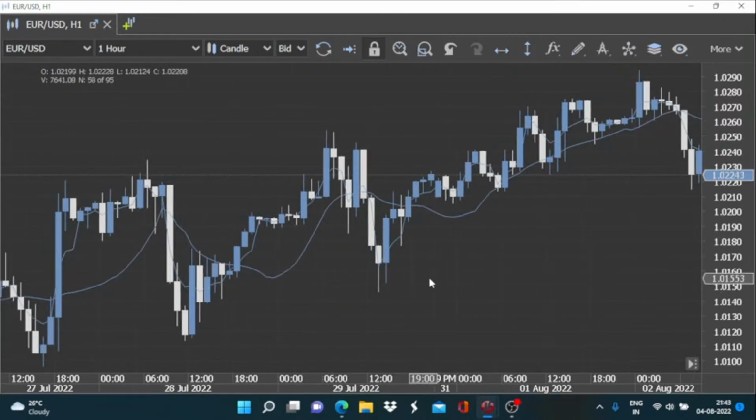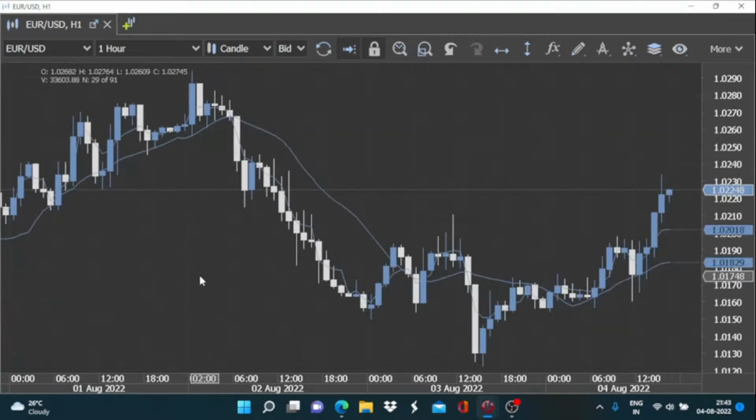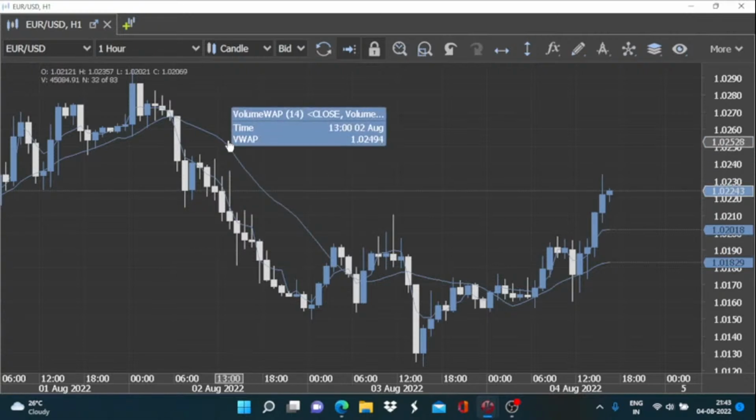But at the same time, it is going to be less responsive. And here you can observe that it is going to be smoother, but of course less responsive compared to what we had when we were simply using the closing price of the given candle as the applied price for calculation of the volume weighted average price.